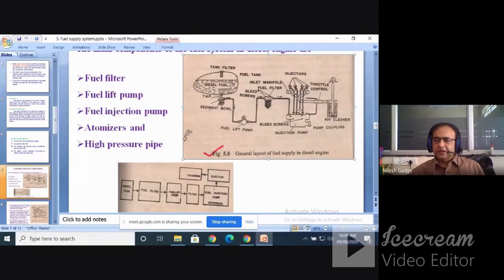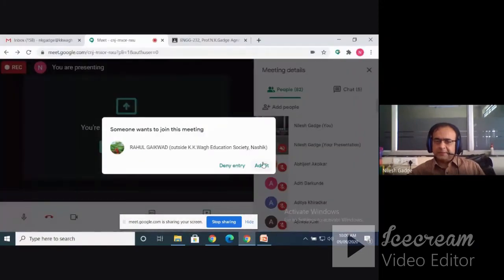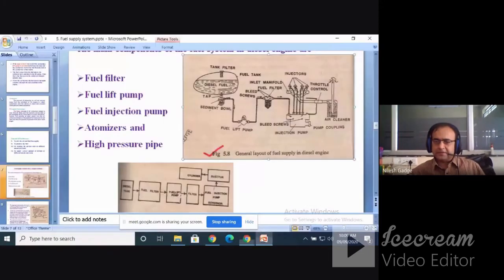Then there is compression: the air gets compressed and its temperature increases. As soon as the compression stroke ends, the fuel is entered through the fuel injectors into the cylinder in the form of fine, very small droplets, or spray.